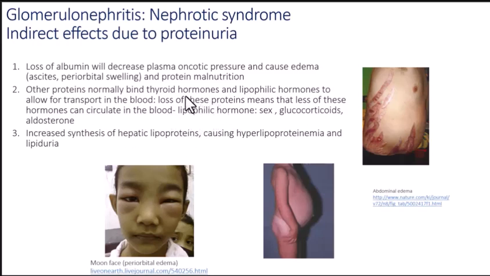And so if they're lipophilic, it means that they're hydrophobic and they can't transfer well within our plasma because plasma is mainly water. And we know water and fat don't like each other. They don't attract. So we need some sort of carrier to take these hormones in the blood to their destination. And so proteins do that.